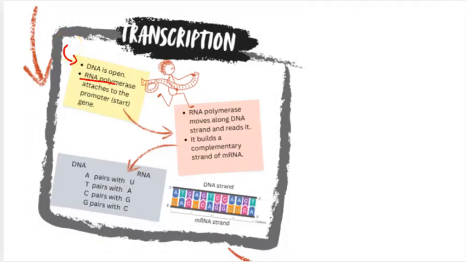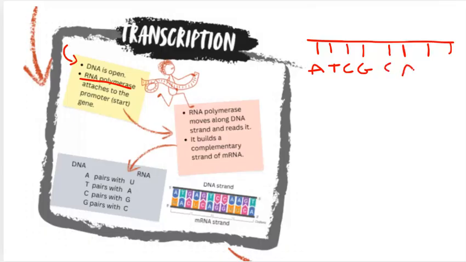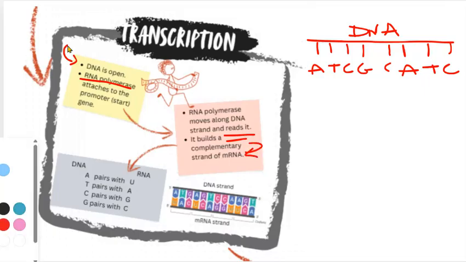Then this thing called RNA polymerase comes in and basically reads it. It's this big giant globby thing. It says, okay, I've unzipped the DNA. Here is my half a strand of DNA of the A, T, C, G, C, A, T, C, whatever. That's my DNA. It has to then be read. So what it does is it reads it, and then it builds messenger RNA. So it goes through and it reads it and it says, okay, well, you have an A, that matches with the U in my language.